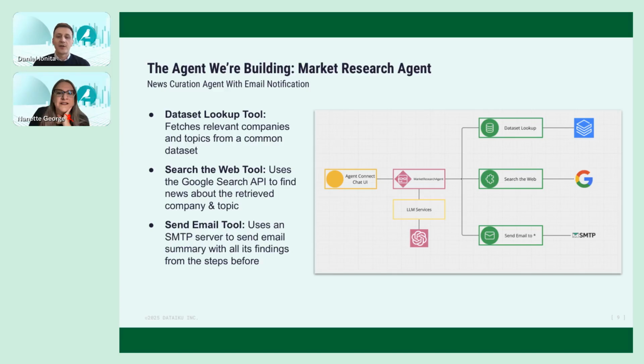Then we'll use that information with the Google search tool, which will augment our agent with the latest news information, which will be used to create a nice email summary that then will be sent to us using the send email tool. So pretty simple, only three tools inside one agent. But of course, this is just the start.